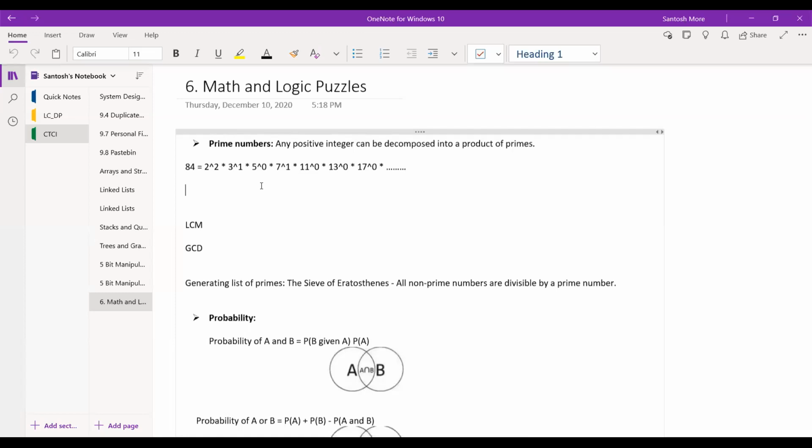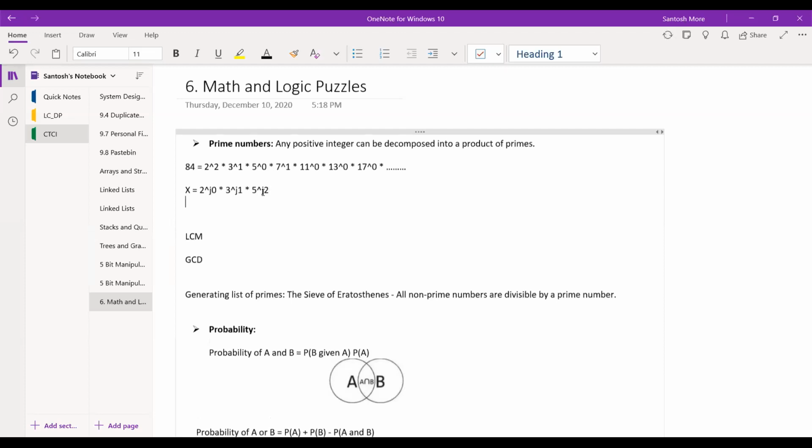Now, let's take some examples on divisibility. He says that if you have a variable x equal to 2 raised to j0, multiplied by 3 raised to j1, and 5 raised to j2, and so on.